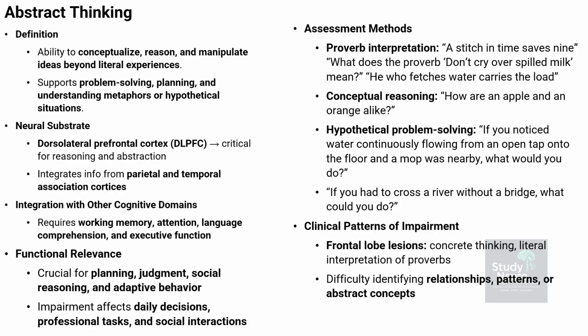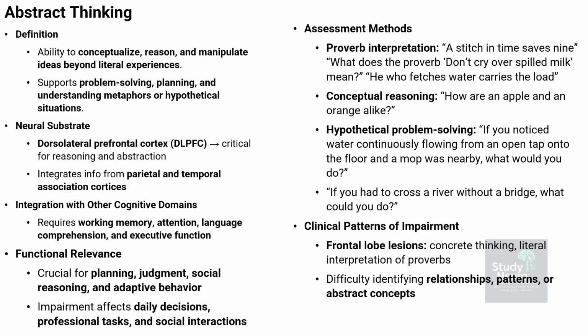It also depends on attention, working memory, language comprehension, and executive function. In daily life, abstract thinking allows us to make decisions, reason socially, and adapt to new situations. When impaired, people may struggle with planning, professional tasks, or understanding indirect meanings.